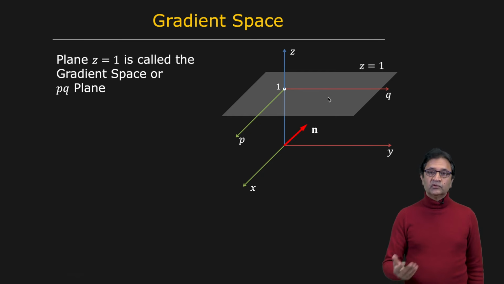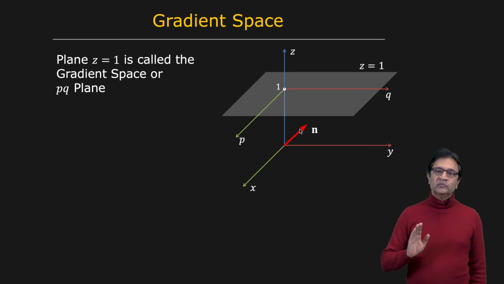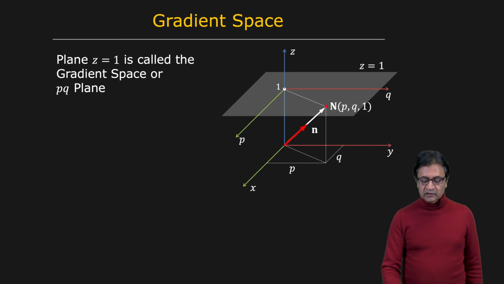This is your p, q space, or your gradient space. What does that mean? If you take this unit normal that you see right here, and you simply extend it out to intersect this p, q plane, then wherever it intersects the plane, that is the normal vector p, q, 1. So that's the relationship between any unit normal vector here and its corresponding p, q value.